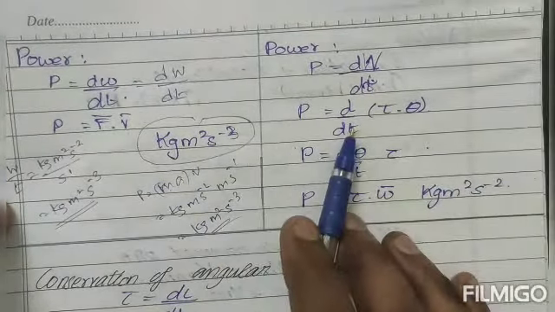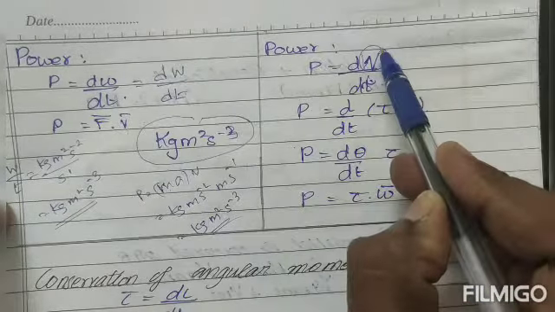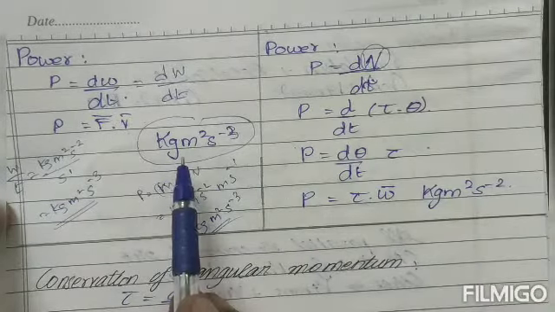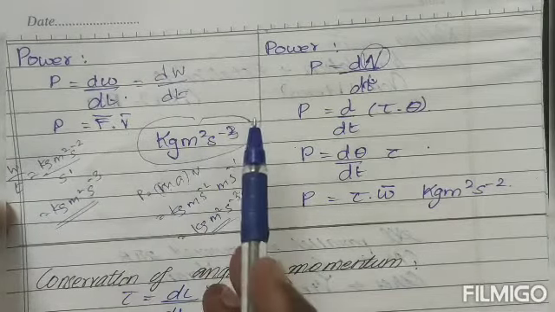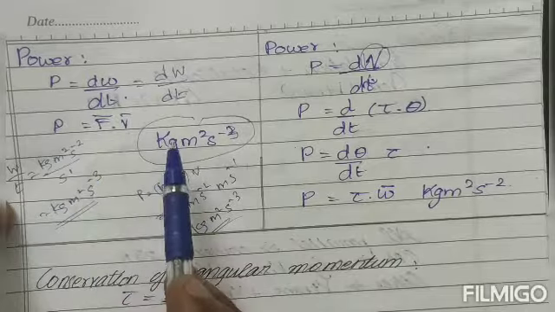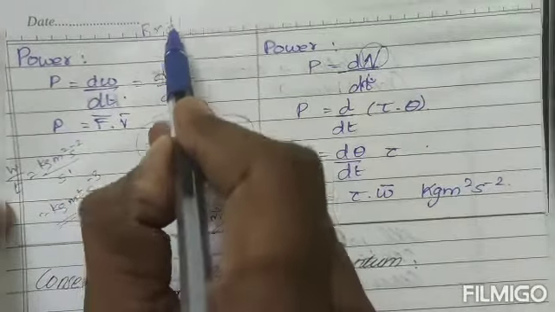How to express the work done? In the linear path, the work done is force into displacement.